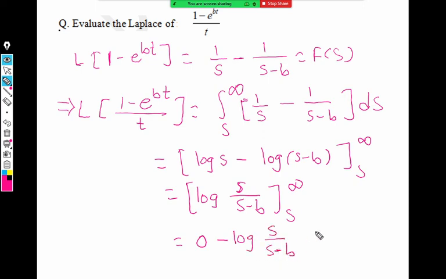Or if you want to merge that minus sign, then the answer will come as log of s minus b divided by s. Okay, so this is the answer: log of s minus b upon s. If you want, log of 1 minus b upon s, that way also you can write it. Okay, so these are possible simplifications. That's the division by t property.